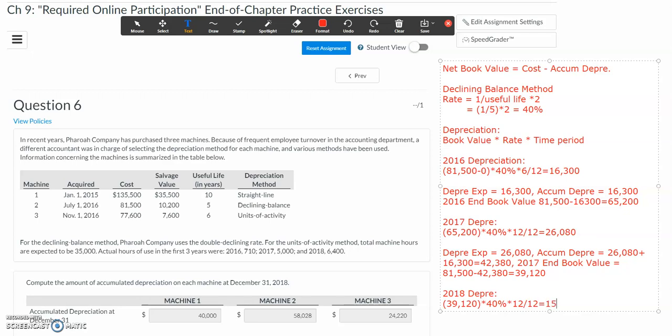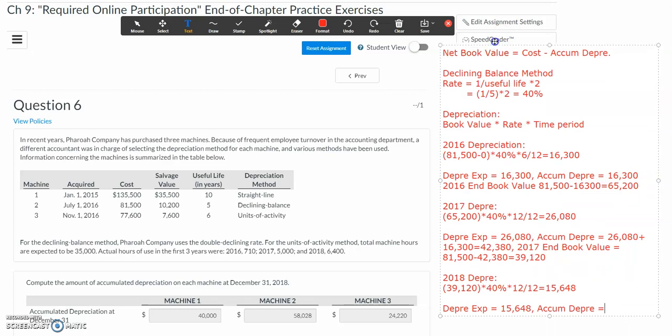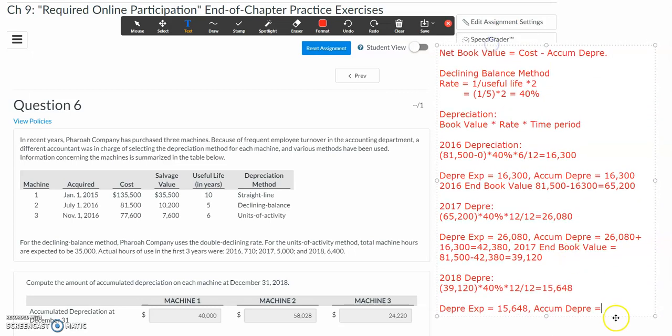So our depreciation is 15,648. So that means that our depreciation expense is 15,648. Our accumulated depreciation is now going to be computed by taking 15,648 plus our prior year's accumulated depreciation of $42,380.